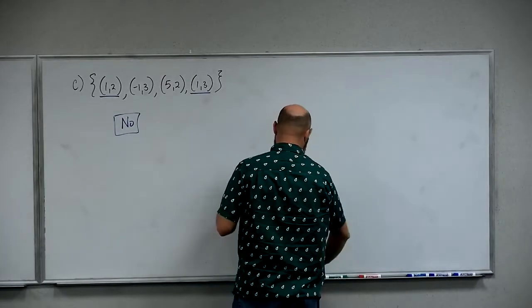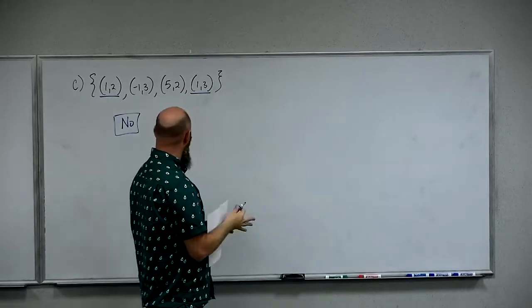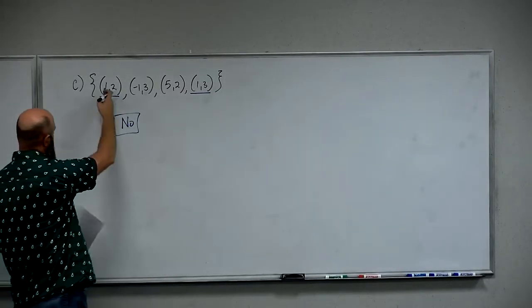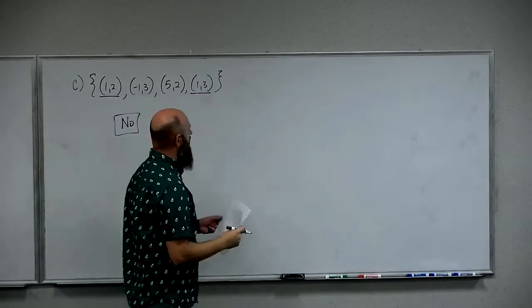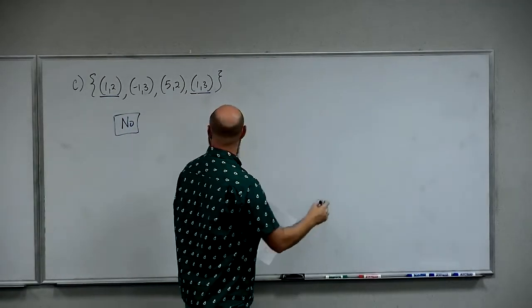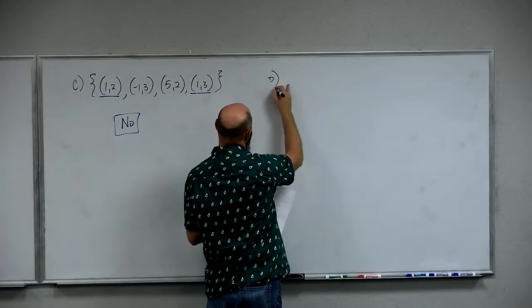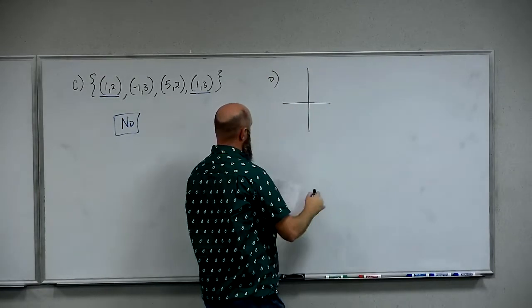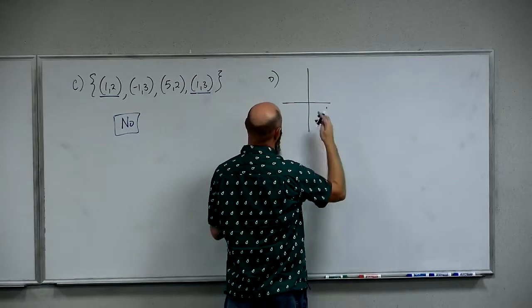Now, if all of those x values were different, it would be yes. But in this case, we saw two x values that were the same, so not a function.